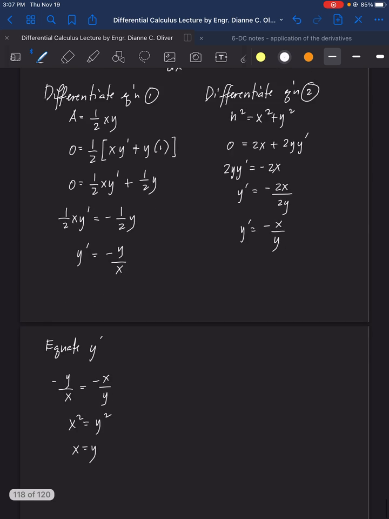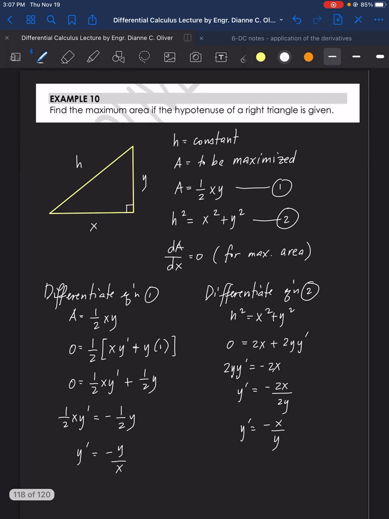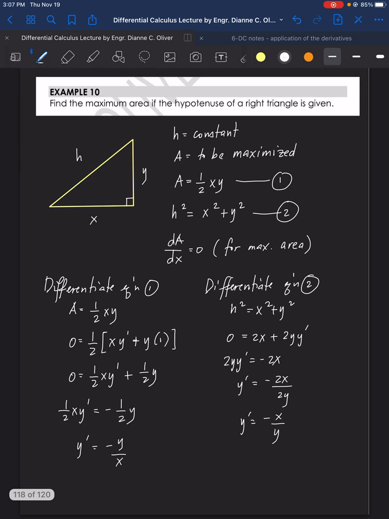Now what is being asked again? Find the maximum area if the hypotenuse is given. So we were looking for this equation 1 here. Now to get the value of A, let's get the value of x and y in terms of h.